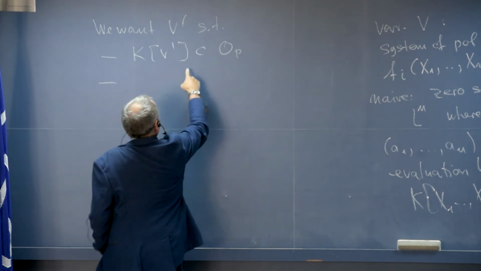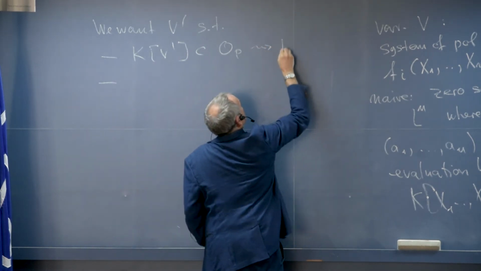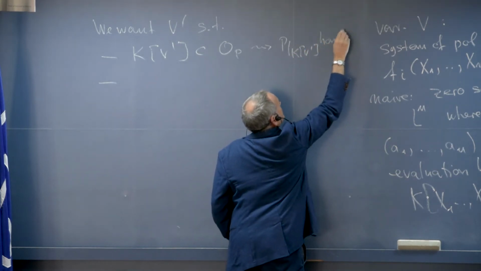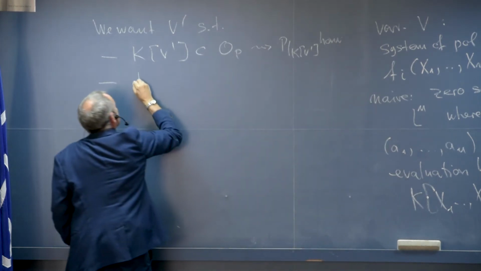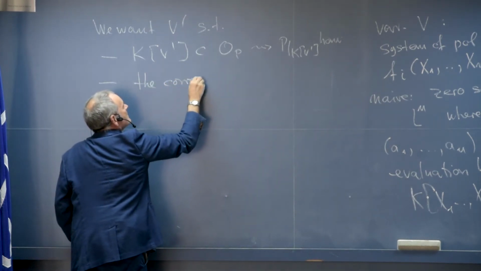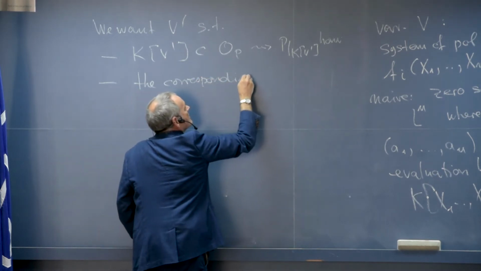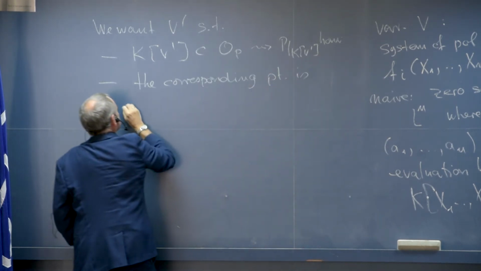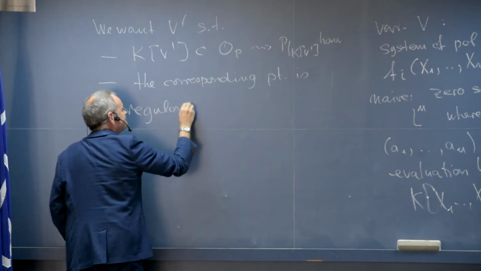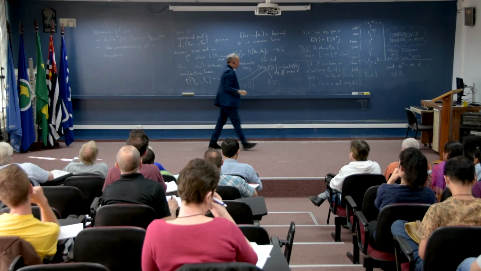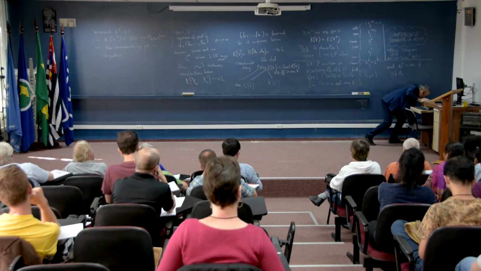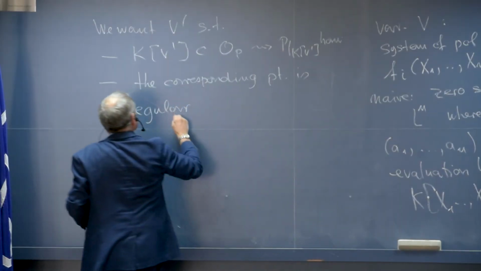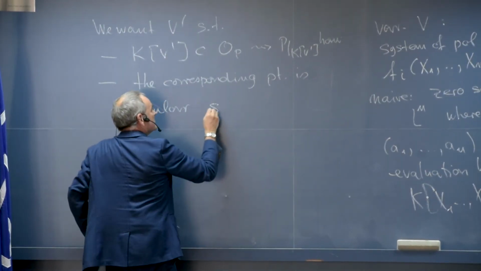So P restricted to KV prime is a homomorphism, and so we have a point here. The corresponding point is regular. Not so good. Don't like that too much. And I will tell you in a moment why I don't like this. In many situations it's the same, but there are situations where this is actually stronger. I want smooth.